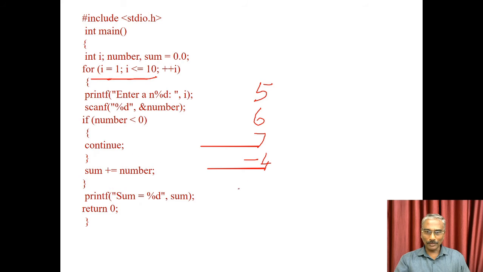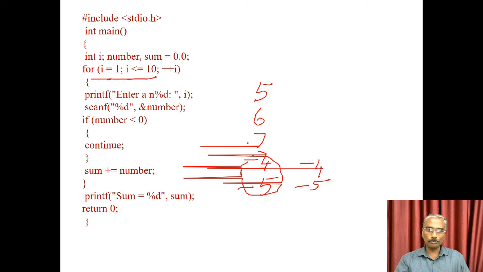Again if I enter minus 5, it accepts the input. So finally it rejects minus 4 as well as minus 5. Except minus 4 and minus 5, it adds only the remaining positive numbers. So 5 plus 6, 11, 11 plus 7, you get the value of 18.